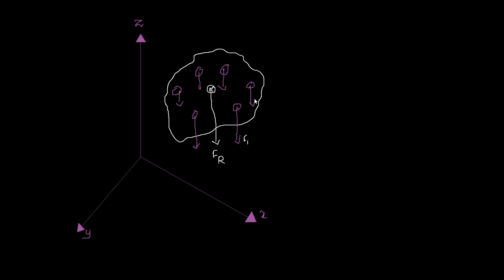Now you have F1, F2, F3, etc. up to Fn here, and you have the resultant force. And the point through which the resultant force of a body acts, or the resultant force of the body originates, is called the center of gravity, COG. And in this case, the resultant force will be the total weight of this body.